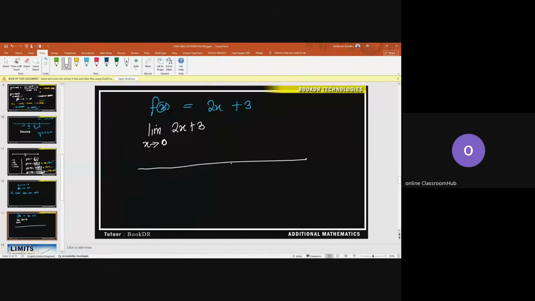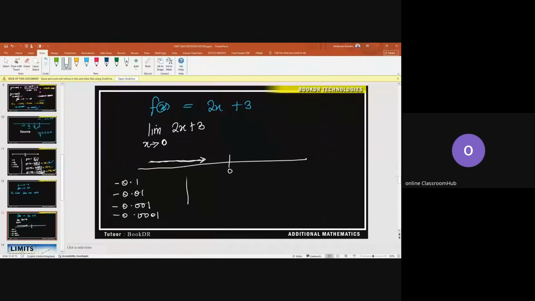So on our number line, we know 0 is always in the middle. So we are going to investigate the left side direction as we are moving towards 0 from the left side. So we'll pick certain numbers like negative 0.1, negative 0.01, negative 0.001, negative 0.0001.